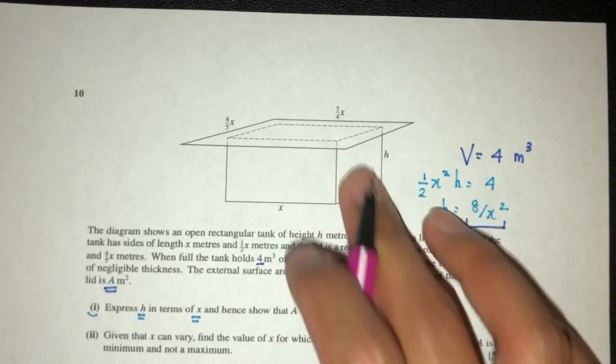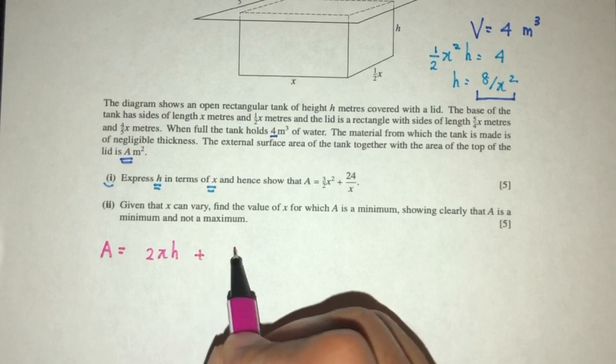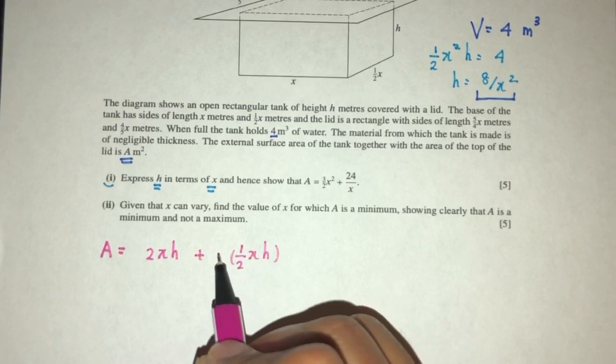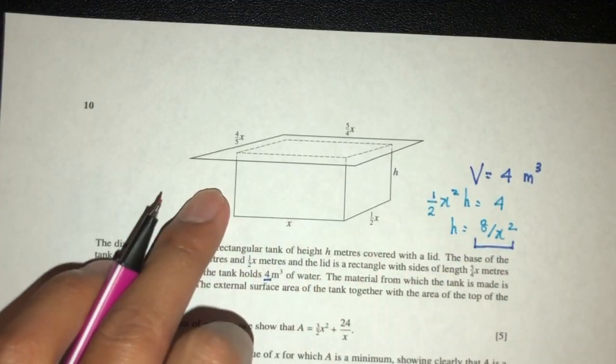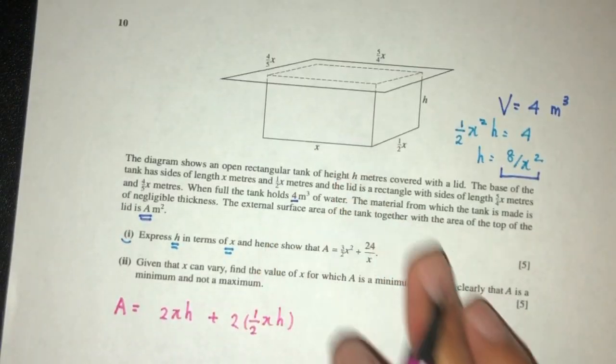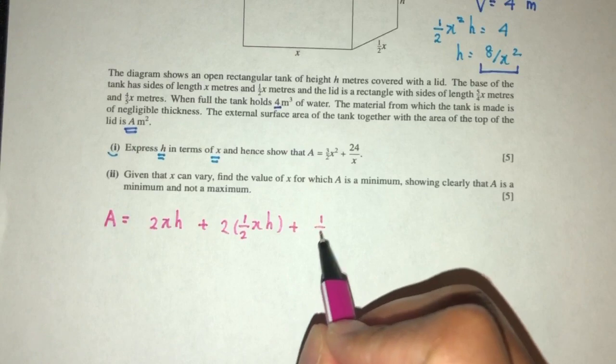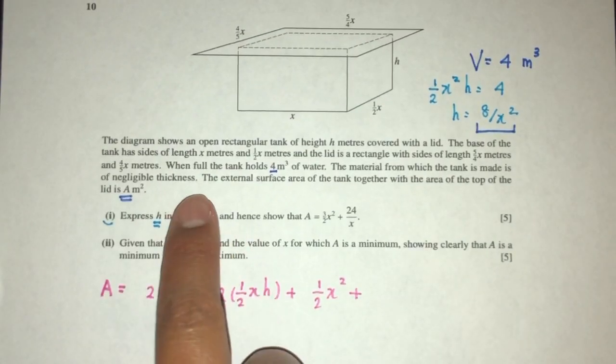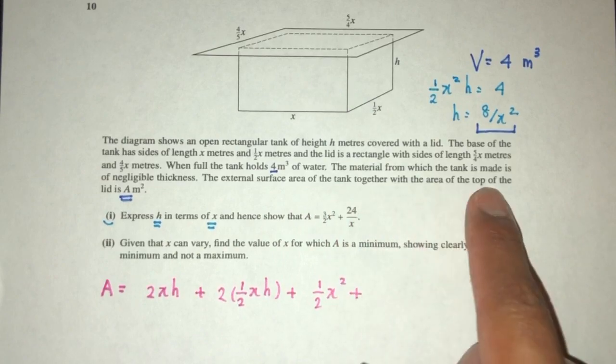And we have this side, plus half x times h, but times 2, because we have this and this side. And finally the base as well, which is half x squared. But we also have to look at the area of the top of the lid.